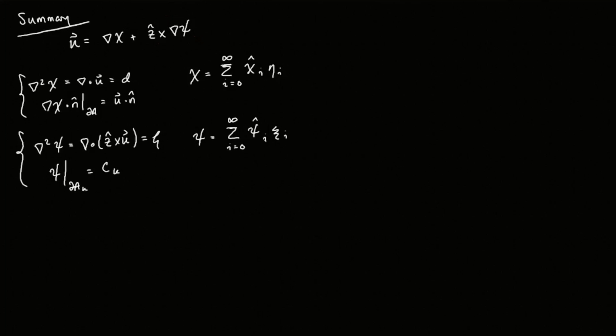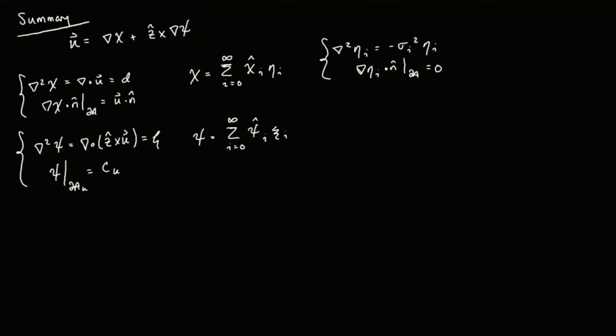Okay, so those Neumann modes satisfy del squared eta I equals minus sigma I squared eta I, and grad eta I dot n hat on the boundary is 0.